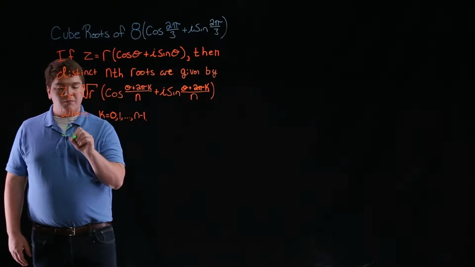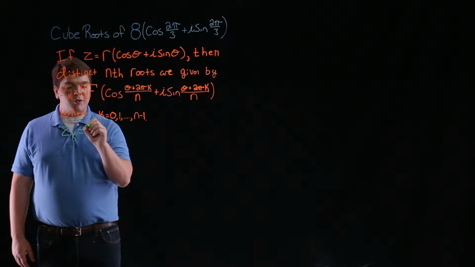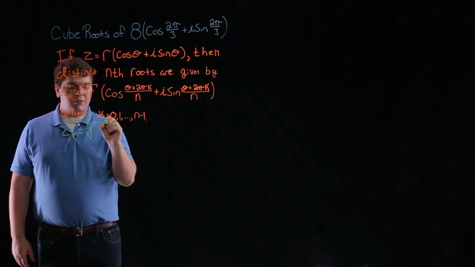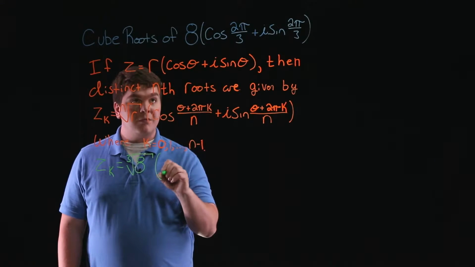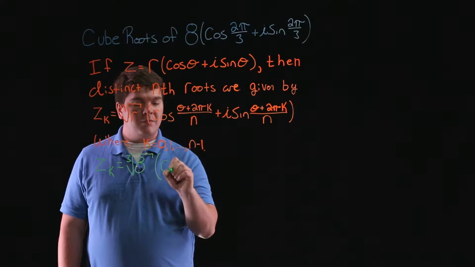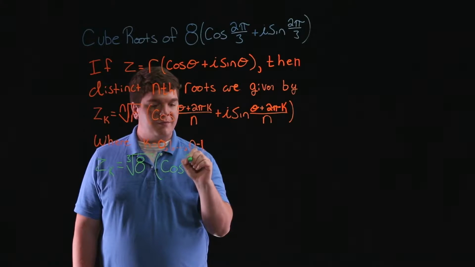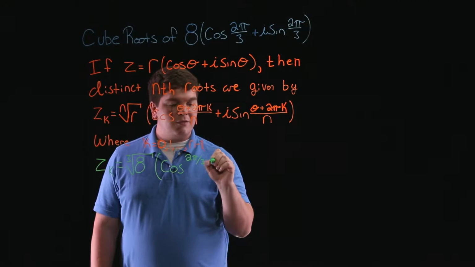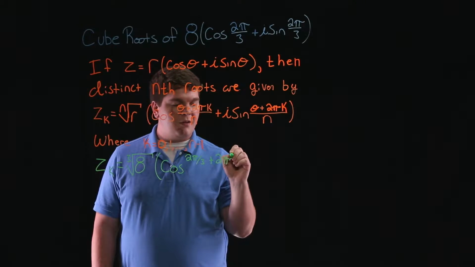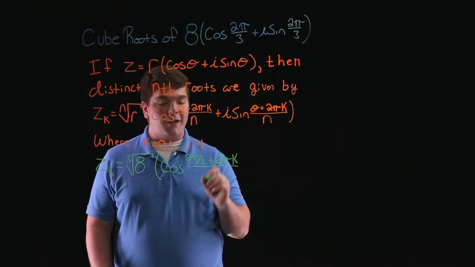So for our problem, our z_k is going to be the cube root of 8 times cosine of our angle, which is 2 pi divided by 3, plus 2 pi times k, and this is all divided by 3, our n value.